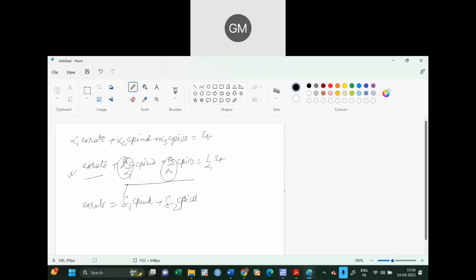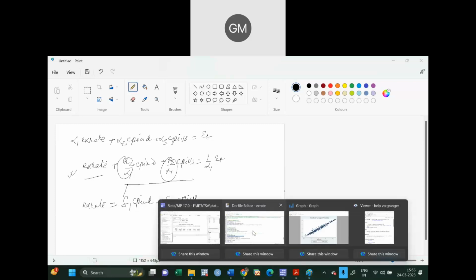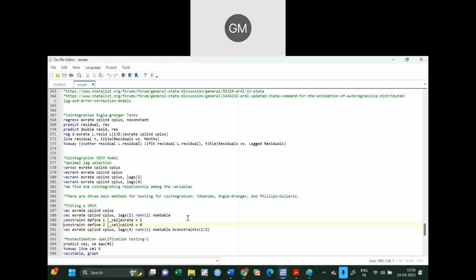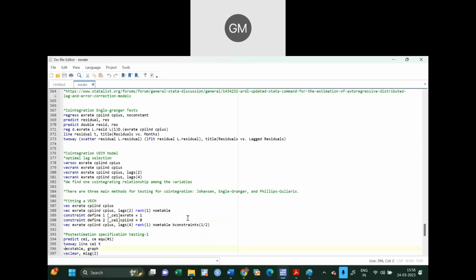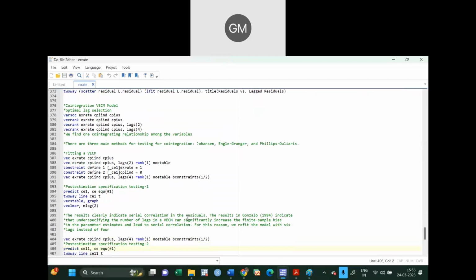So if this is negative on this side, if you take it to the right hand side, this is going to be positive, and so on. There is a way to test constraints defined. Some of these things I have seen in the literature and put it in here. However, in terms of interpretation, you need to cross-check on the internet what all these mean.